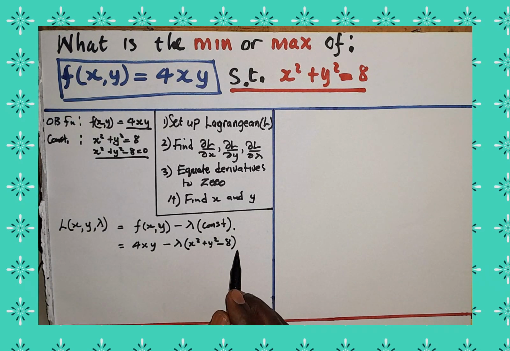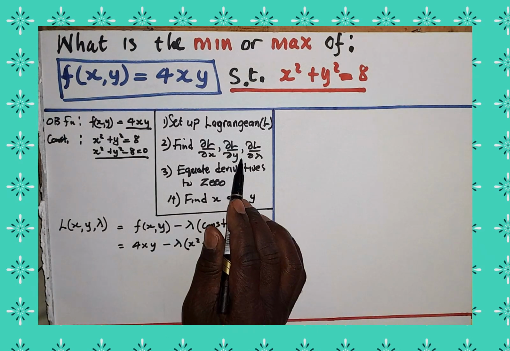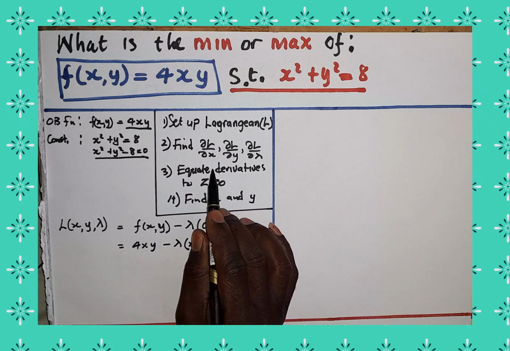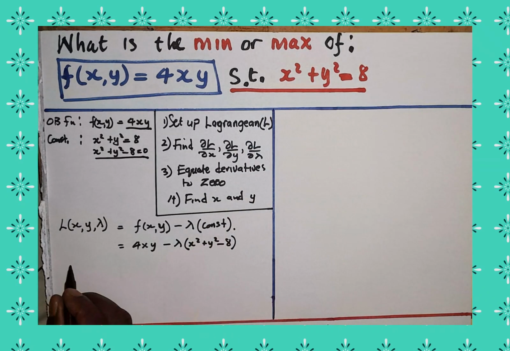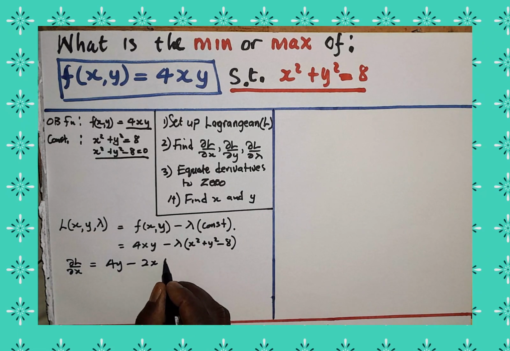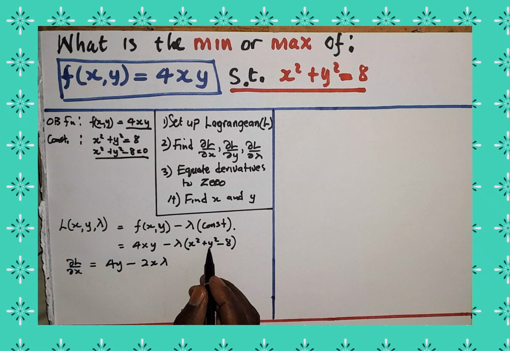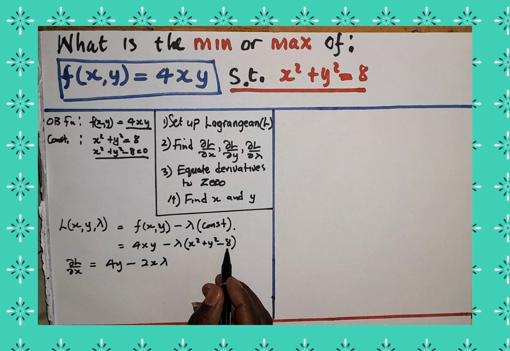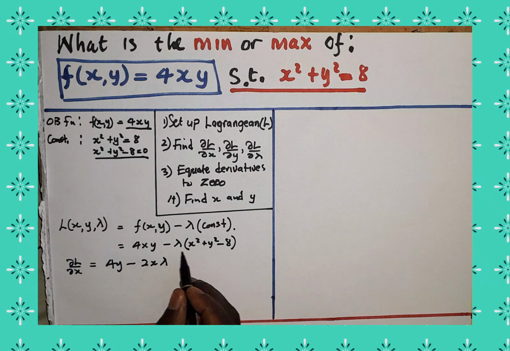Now, step number 2, we need to find the partial derivatives of the Lagrangian with respect to x, y, and lambda. Now, what is partial L, partial x? Partial L, partial x is equal to 4y minus 2x lambda. Remember, this is not a function of x, so we are only looking at lambda x squared, which when we differentiate gives us 2x lambda.